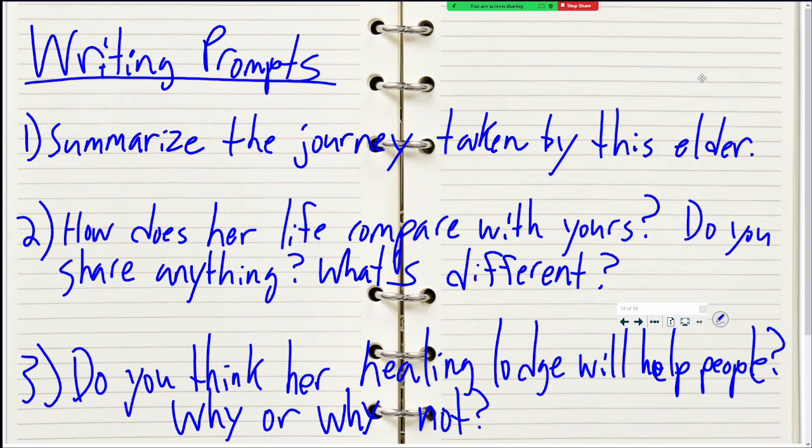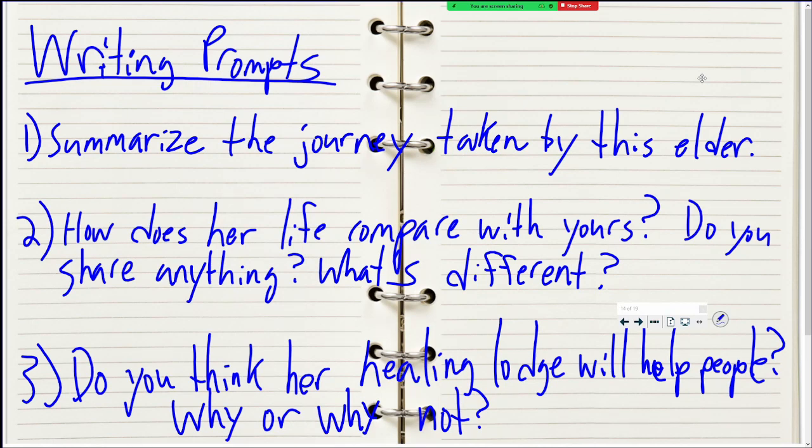You could say the journey to build this lodge began 10 years prior, when she had that dream, which she very wisely wrote down in a dream journal, and then she took that inspiration and eventually founded the lodge.